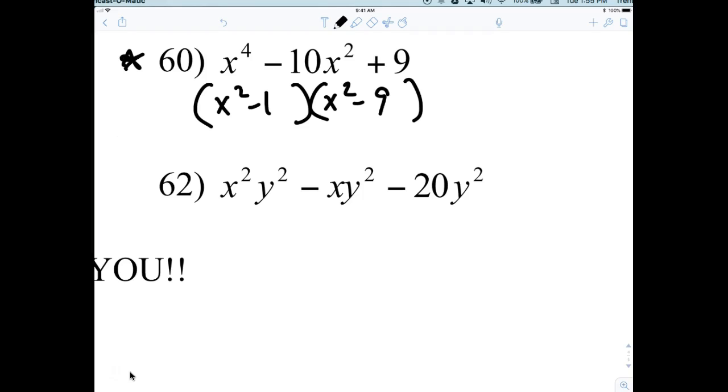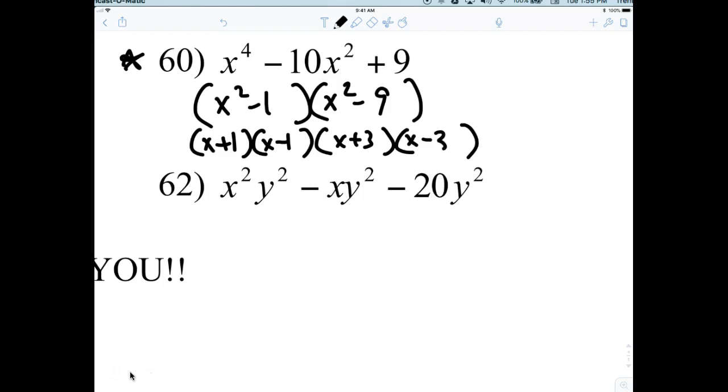So it would be what? x squared minus 1, then x minus 3, and then x plus. Correct. x plus 1, x minus 1, x plus 3, x minus 3. Anybody have any issues with that?